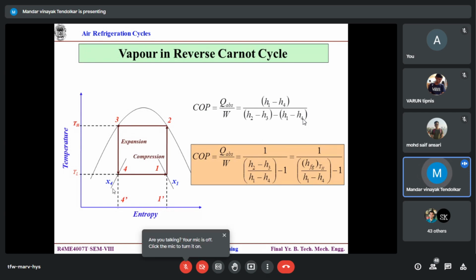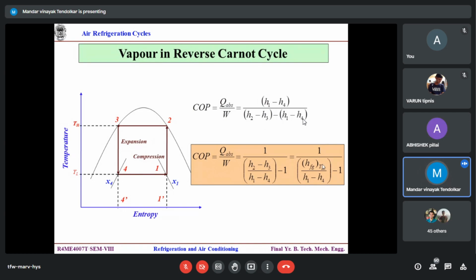So the COP would be the refrigeration effect, that is the heat absorbed, divided by the total work. H1 minus H4 remains as it is, but H2 minus H3, if you divide it by this H1 minus H4, is my HFG.